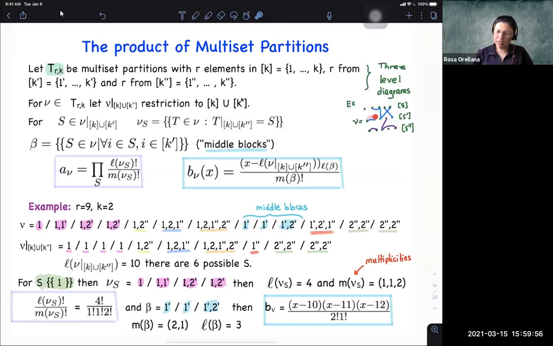This is kind of what stays here in the middle. And then for these restrictions, you ignore anything that has only primes. You ignore them, right? These are kind of on the way to the bottom, right? So you ignore the primes and you just write things that have only not primes or double primes, right? And you get this. So this is what this restriction is, right? Top, bottom, ignore the middle, okay?